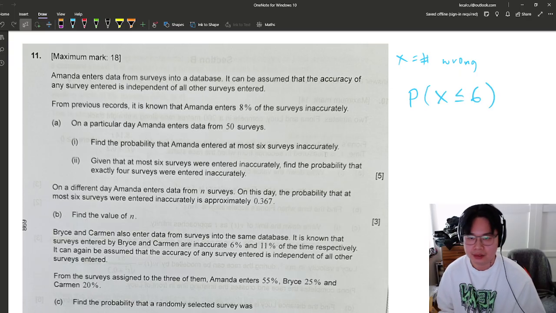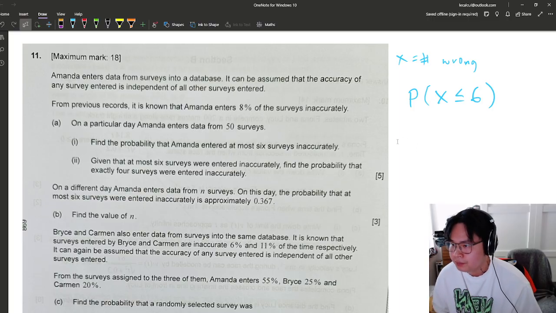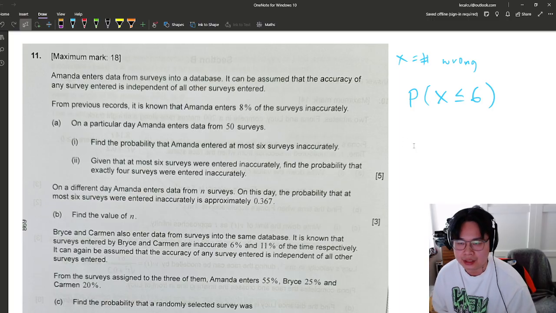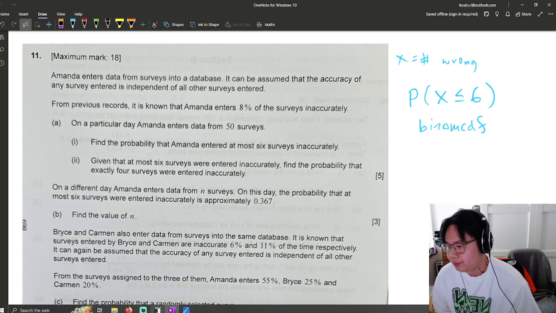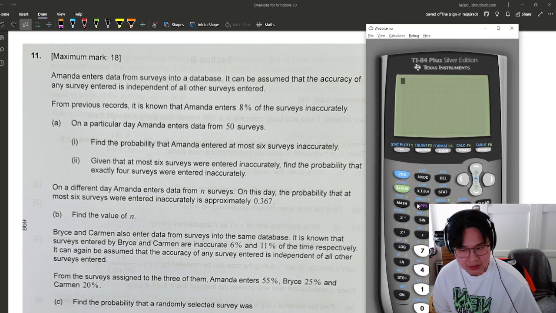So 0, 1, 2, 3, 4, 5, 6. So this is a binomial cumulative distribution. For the TI-84, it's binomcdf. This is an upper boundary. TI-84s can only do upper boundary, if I remember that properly.